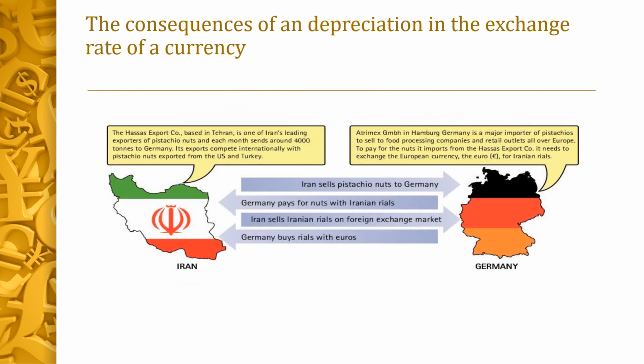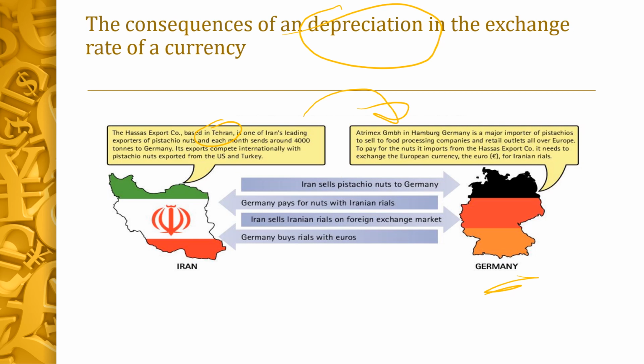Now let's see what the effects of a depreciation in the exchange rate of a currency are. For instance, there is a company based in Tehran. It is one of Iran's leading exporters of pistachio nuts, and each month they send around 4,000 tons to Germany. Its exports compete internationally with pistachio nuts exported from the US and Turkey.